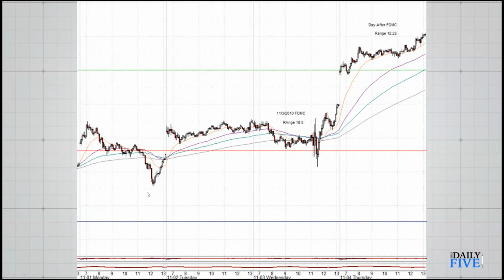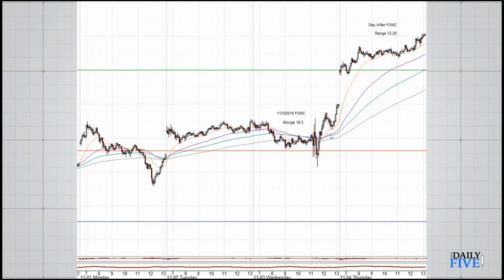Again, we see some of the upward bias coming into the announcement day, a little bit of a down drift. The market gets very, very quiet, and then we see the volatility in one direction, reversal to the next direction. In this instance, instead of ranging into the close, the market is trending into the close.